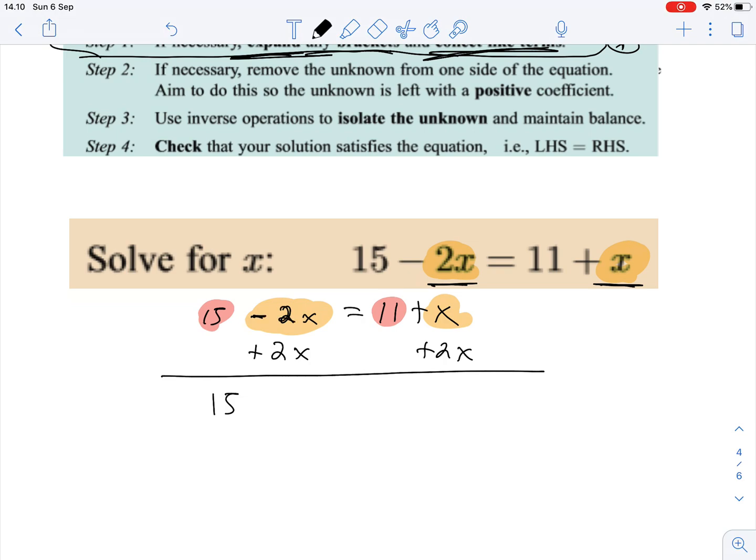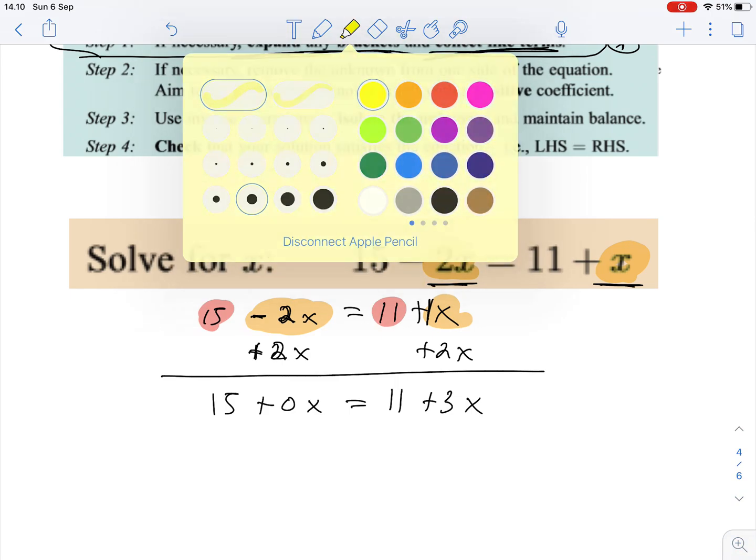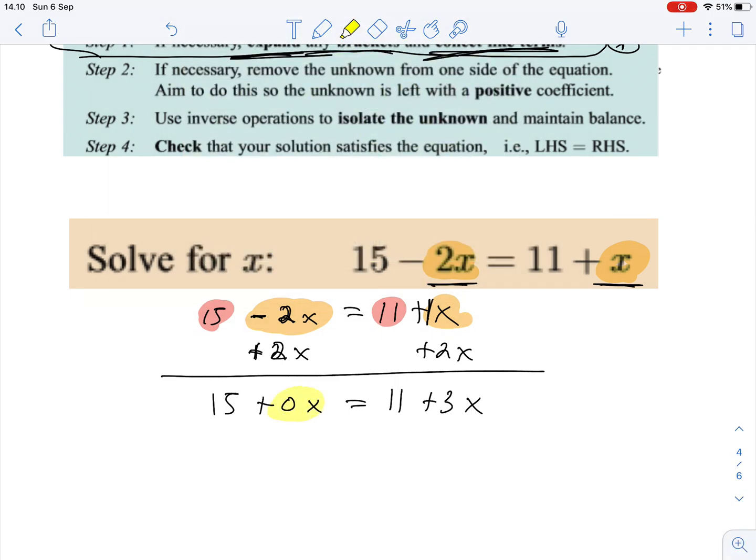Now, minus 2x plus 2x just goes to 0x, but I'll write it here, equals 11, and then, remember, this is 1x, so 1x plus 2x is 3x. Now, pause here for a second, because anything times 0 is just going to be 0. So I'm just going to erase this. Okay? Now I have 15 equals 11 plus 3x.